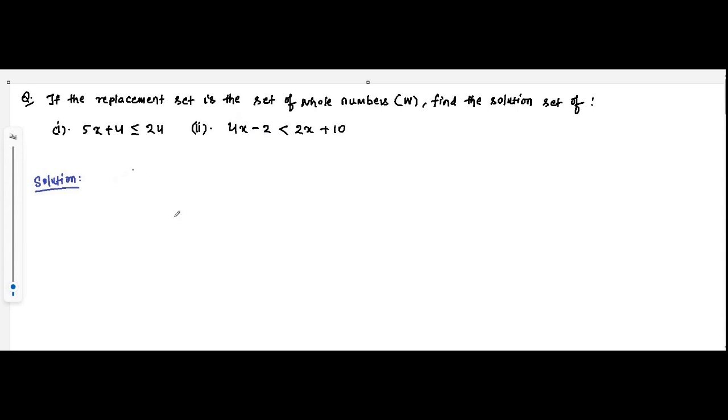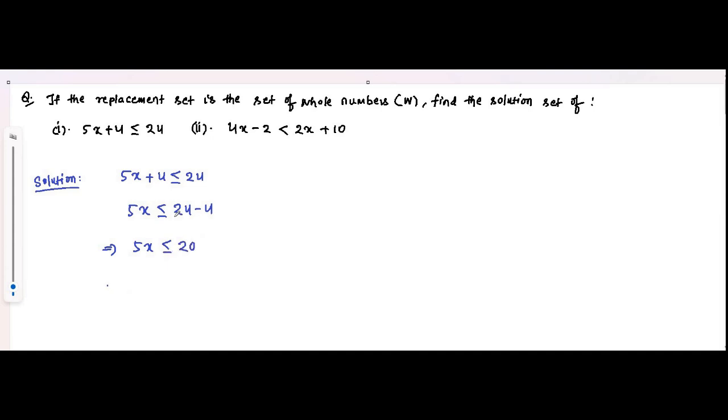So let's first see the first one. 5x plus 4 is lesser than or equal to 24. Very simple, we'll take this plus 4 to the RHS side and it will become minus. So 5x is less than or equal to 24 minus 4. That implies 5x is lesser than or equal to 20.